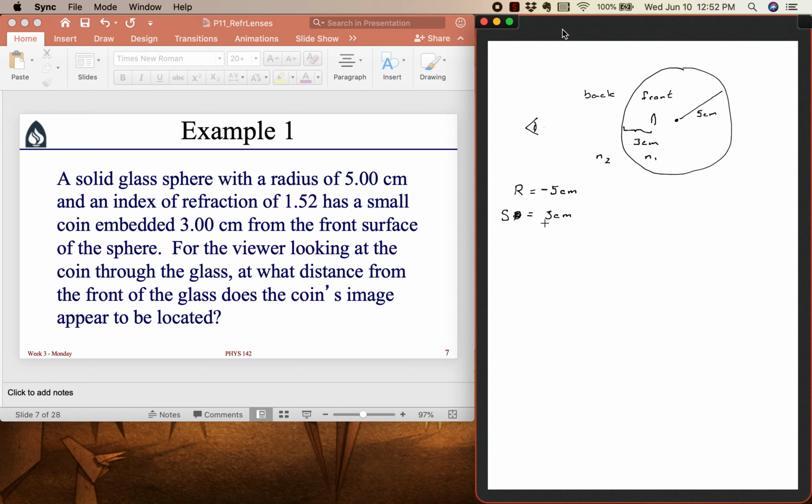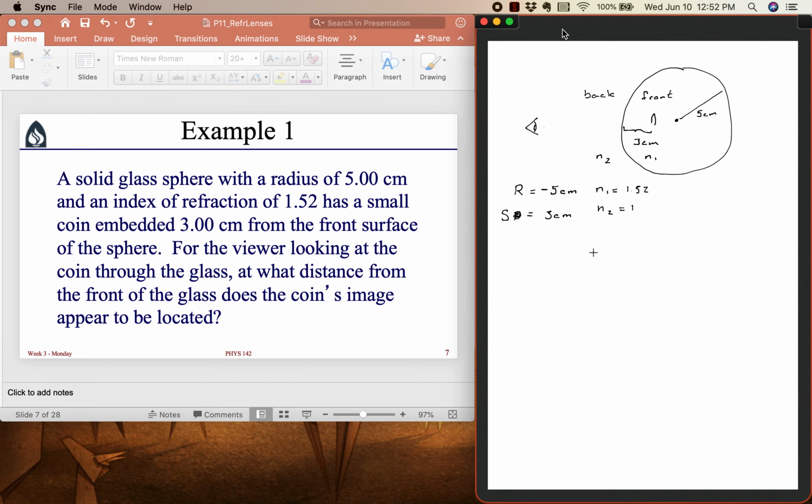So 3 centimeters is the object distance. And then we have our two indices of refraction. So N1 is the index of refraction of the glass, and that's 1.52. And N2 is the index of refraction of the air, which is equal to 1.